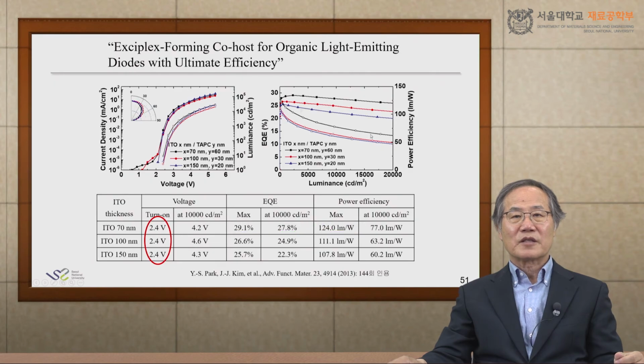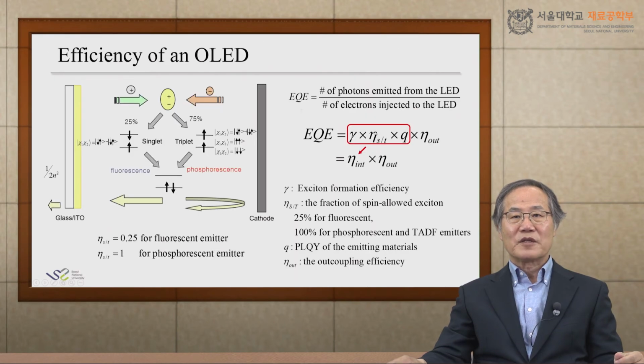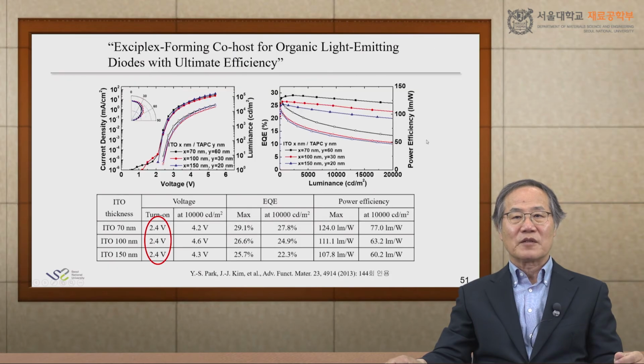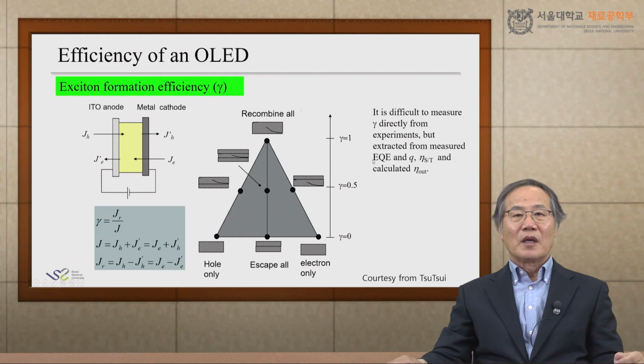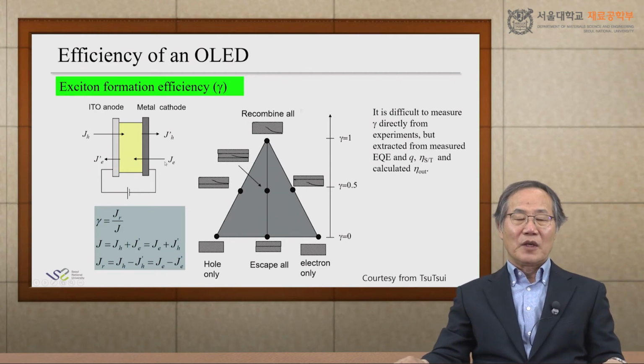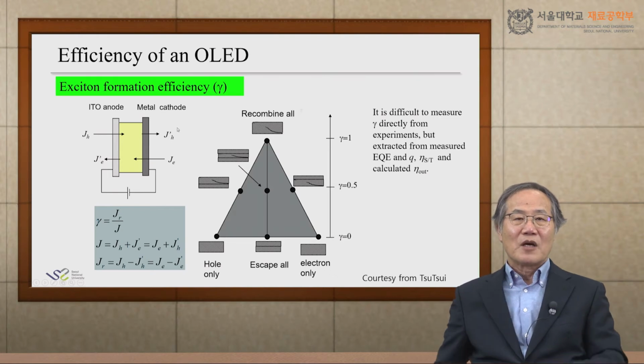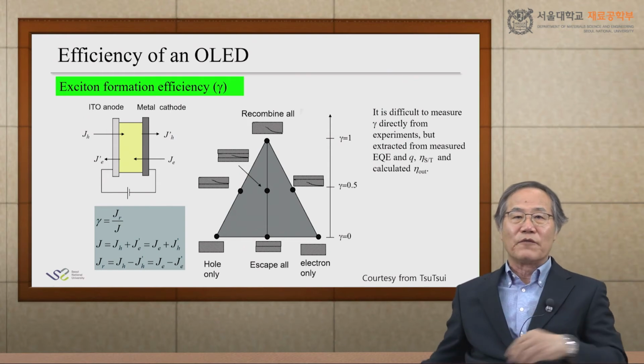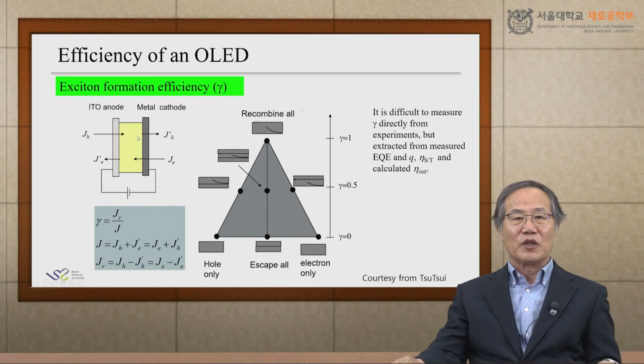Now let us discuss the factors influencing the EQE one by one: the exciton formation efficiency, the spin ratio, the PL quantum yield, and outcoupling efficiency, briefly. Exciton formation efficiency can be understood from this one. This is the ITO anode, and this is the metal cathode, and the whole current is injected, and the hole escapes as leakage current without recombination.